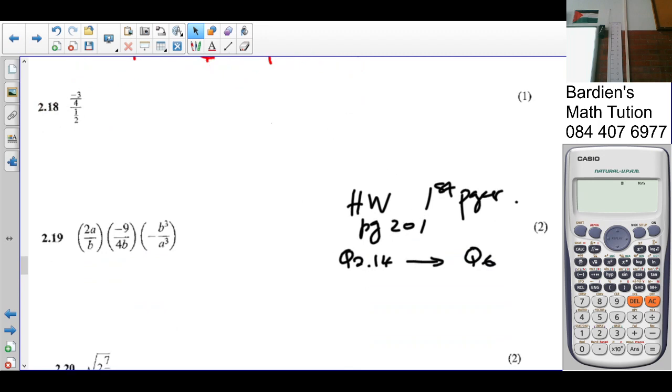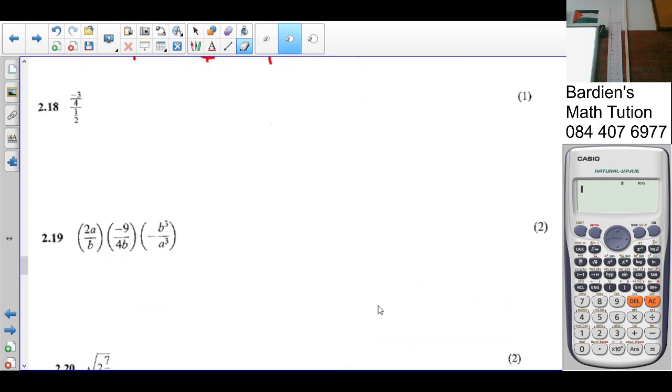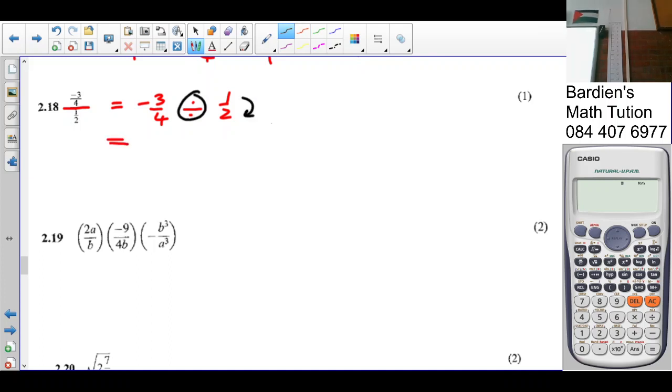That was homework I wrote down. So this is negative 3/4 divided by a half. Not so? So it's negative 3/4 divided by a half. Which is, I must change this to multiplication, tumble and times. Not so? So it's going to be negative 3/4 times 2/1.